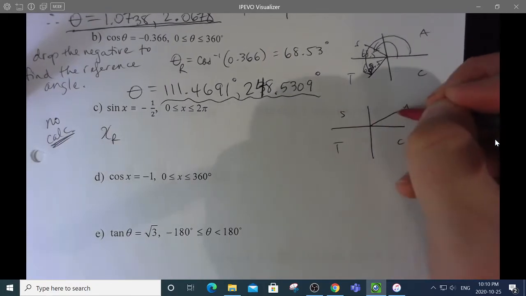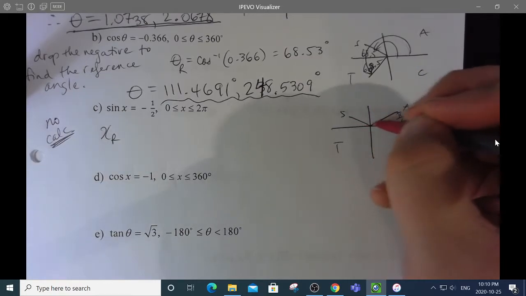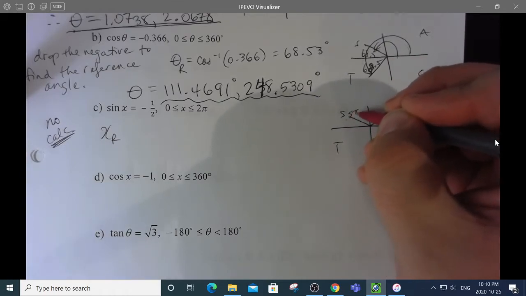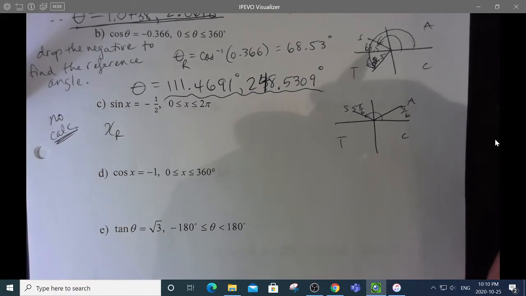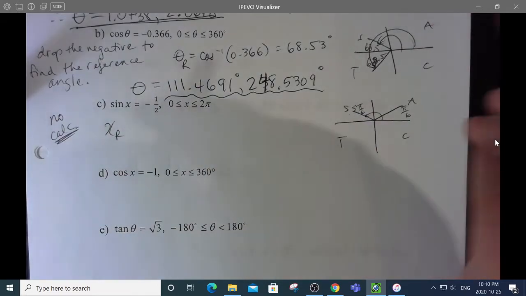here at pi by 6, the reference angle is pi by 6, and then here that would be 5 pi by 6. So pi by 6 and 5 pi by 6 are the two places where it's positive. Where is it negative?